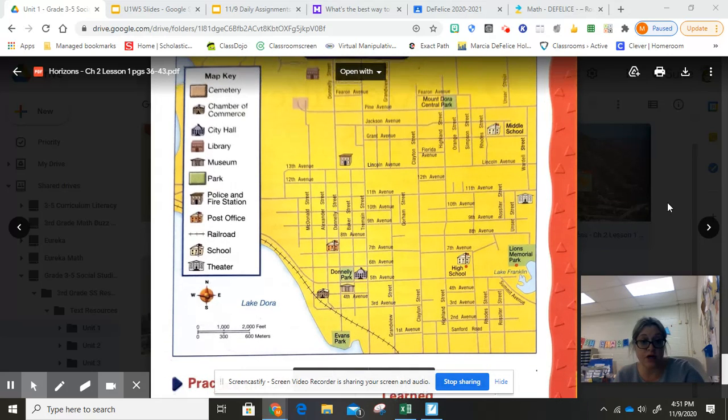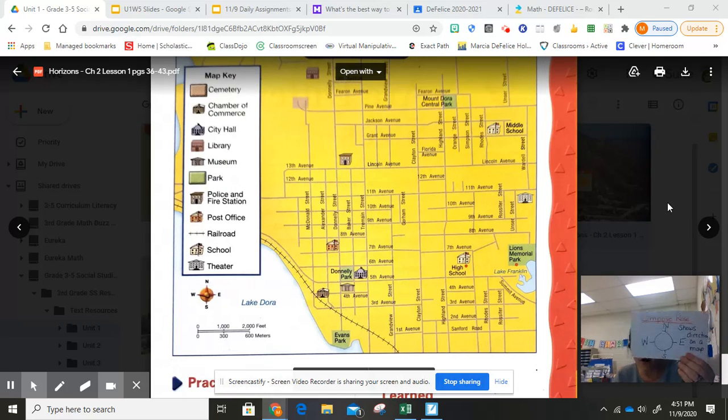Okay, now if you look underneath the map key, you see our compass rose, right? That little drawing there that shows us north, south, east, and west, which is our cardinal directions. And below the compass rose, you see our distance scale.